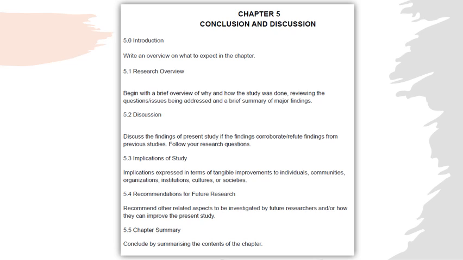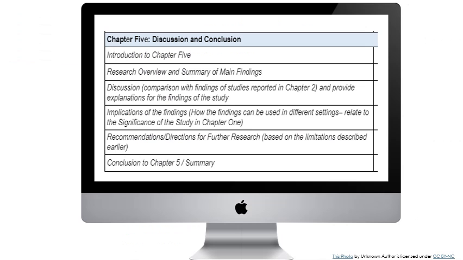All right, now for chapter 5, these are the general headings for your reference. We have 5.0 all the way until 5.5, which is the chapter summary. These are the elements or items for you to remember to incorporate in your chapter 5. There are 6 items. Number 1 is introduction.